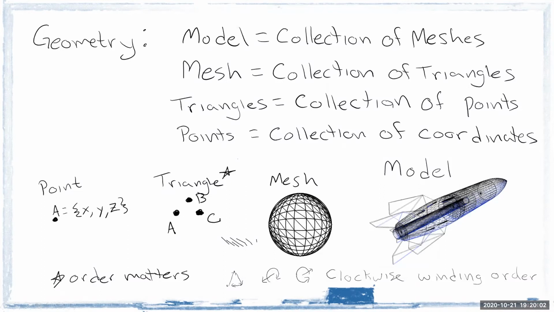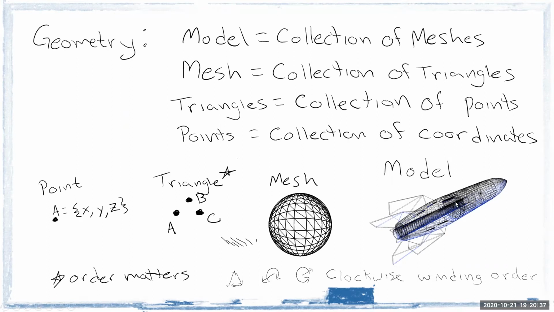We'll have one array of points that lists every individual point that makes up our geometry, and then for all of the triangles, we will list an index into that array of points. We'll list 3 indices into that array of points that defines the triangle. That just helps save space, because you can have a lot of points in a mesh or in a model, right?